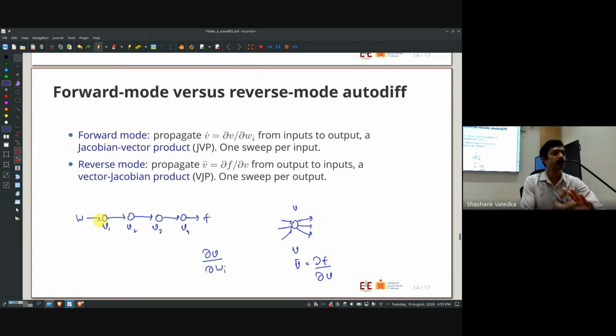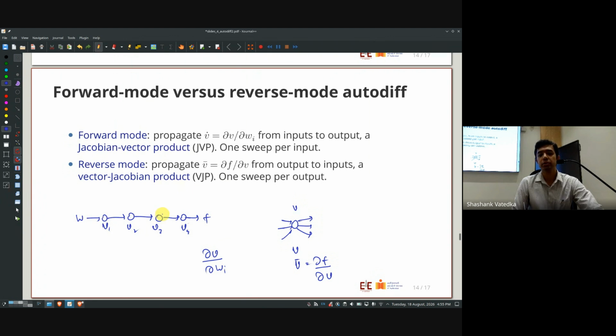Right? That was the approach that we followed. Now, another way of doing this is, again, using the chain rule itself. You could first find the partial derivative of v1 with respect to w, and then again, using the chain rule, you could find the partial derivative of v2 with respect to w, which is the partial derivative of v1 with respect to w times the partial derivative of v2 with respect to v1.